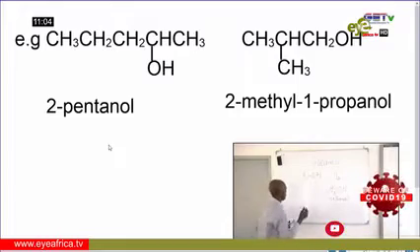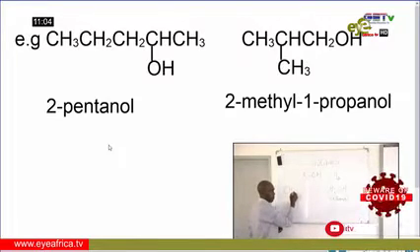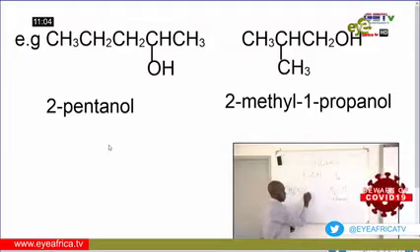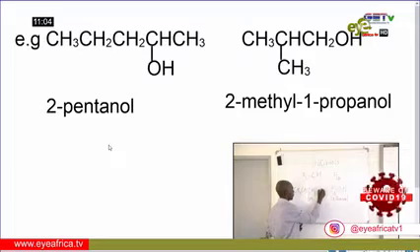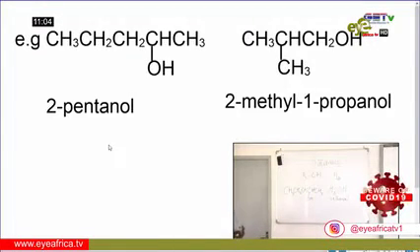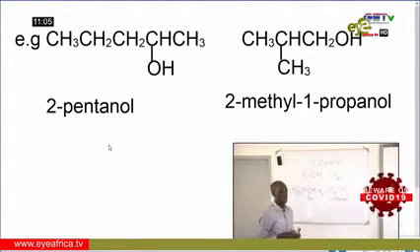So let's take an example of what we've said. If you have this as our compound, to name this compound, we have to identify the longest hydrocarbon chain.